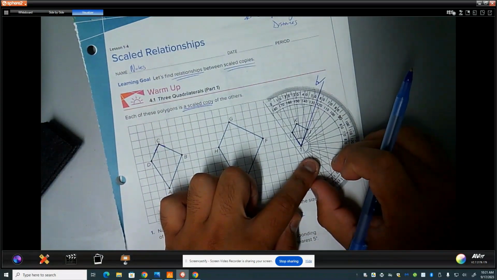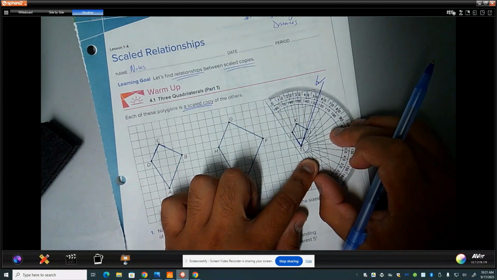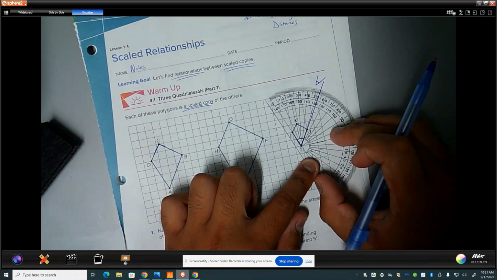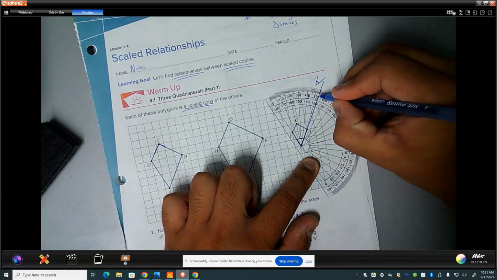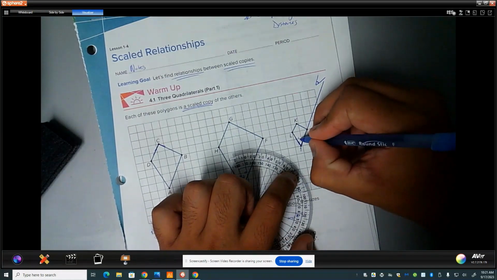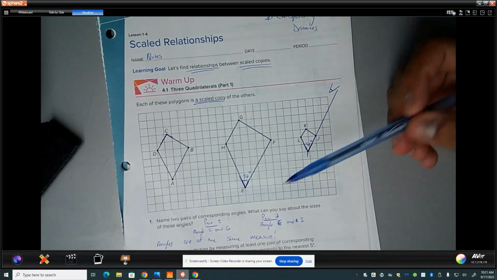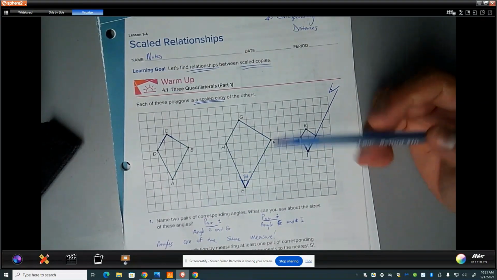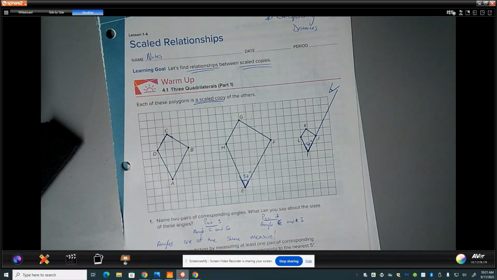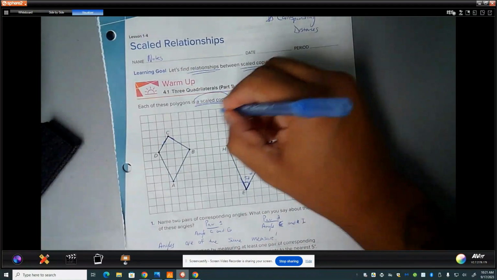You can see here that this helps greatly, and I can see that it's roughly about 52 degrees as well. So that means that this angle is 52 degrees as well. The cool thing is that if you choose any corresponding parts, the measure is always going to be the same if you have scaled copies, which we know we do.